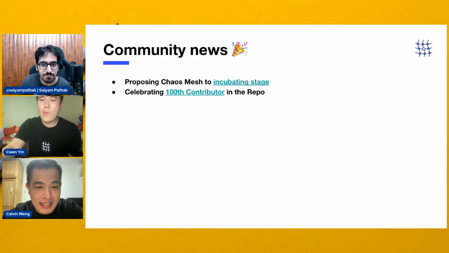Firstly, as I mentioned in the beginning, Chaos Mesh has been in the CNCF for 1 year, and it's really wonderful to see the great growth within CNCF. So we're actively preparing for the incubating stage of Chaos Mesh.